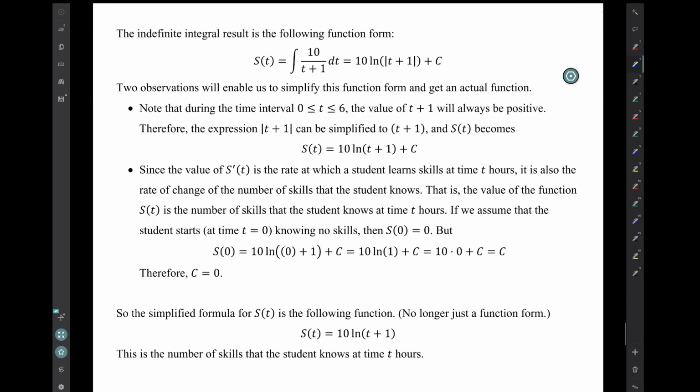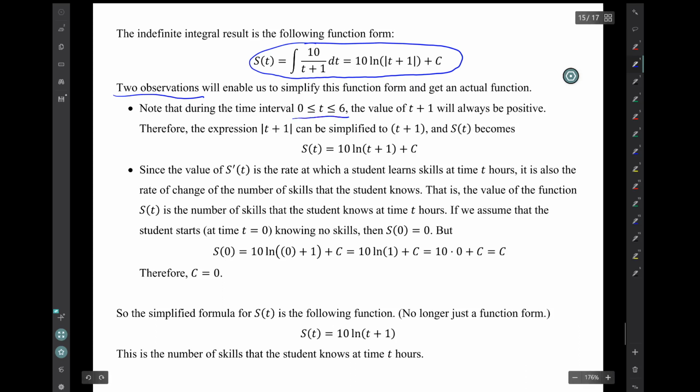Remember that the indefinite integral result was this following function form. The indefinite integral of 10 over t plus 1 was 10 ln of absolute value of the quantity t plus 1 plus c. Two observations will enable us to simplify this function form and to get an actual function. First of all, note that during the time interval from 0 to 6, the value of t plus 1 will always be positive.